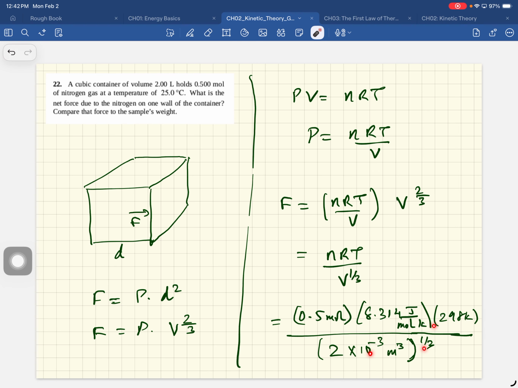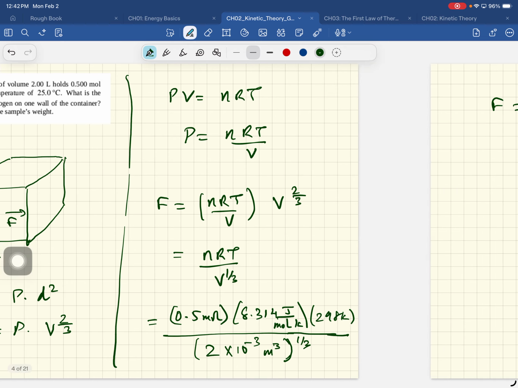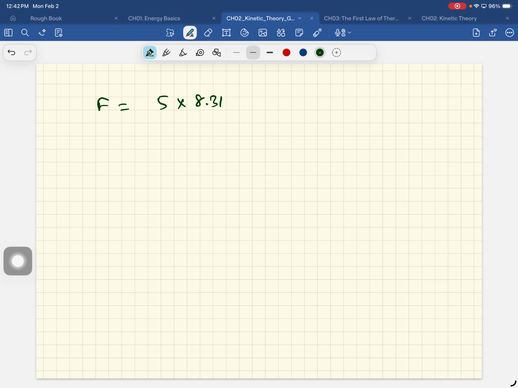We'll bring that to the top and make that a 5. So the force is 5 times 8.314 times 298 newtons divided by the cube root of 2.